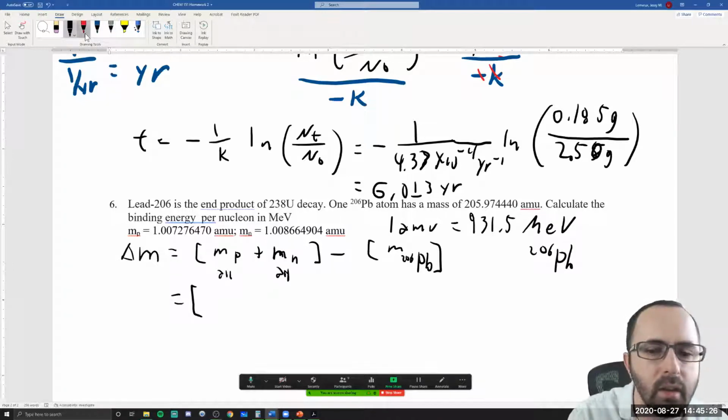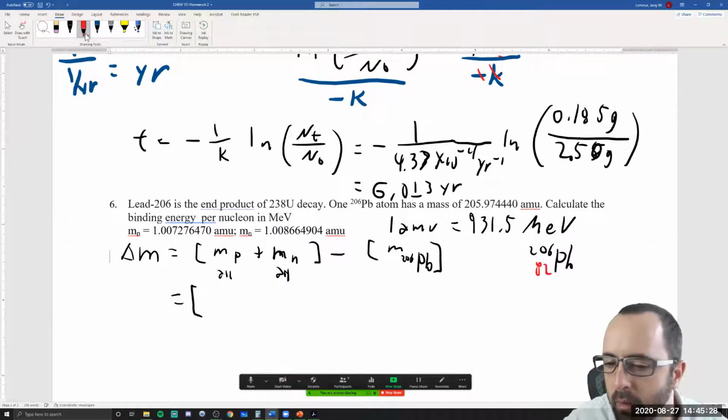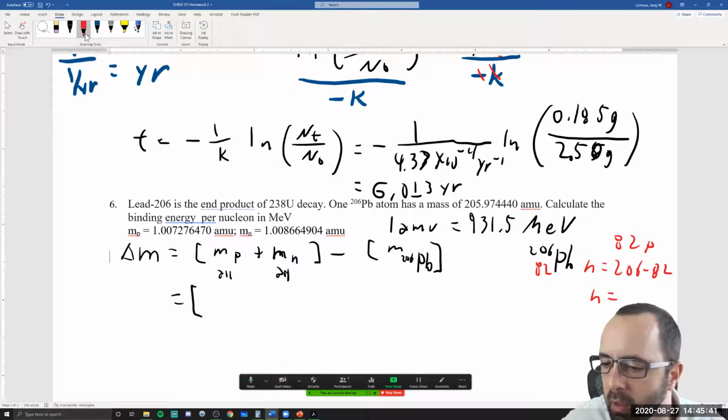So we'll write it in here, 82. That means we have 82 protons, and our neutrons are going to be 206 minus 82, so 124 neutrons.